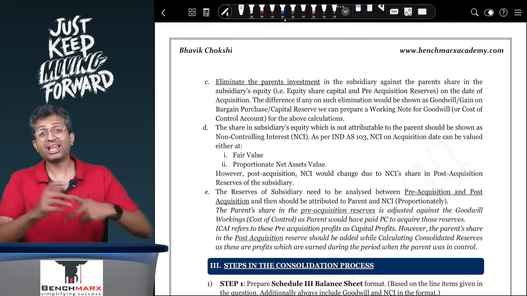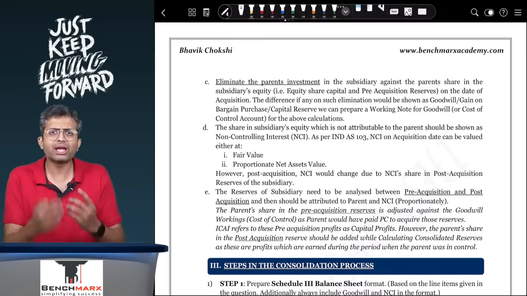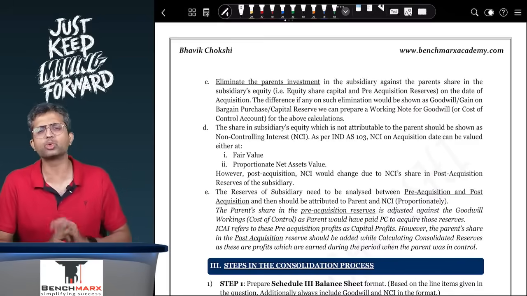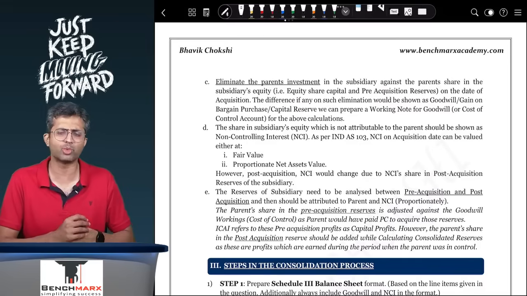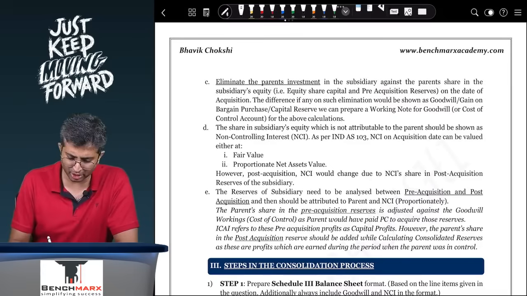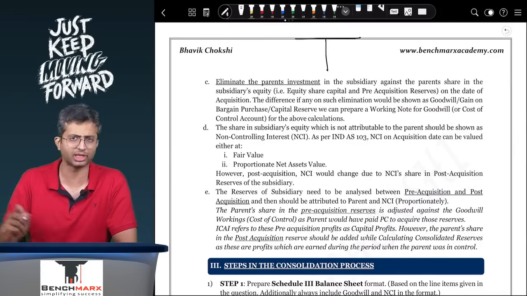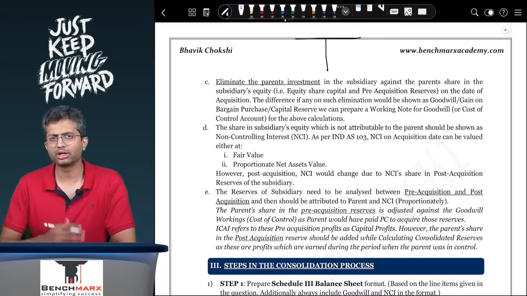Okay. Will NCI change? And before that, if my investment, for example, is 1,000 rupees, let us say Reliance invests and takes a 70% stake in Future Retail by paying 1,000 rupees.